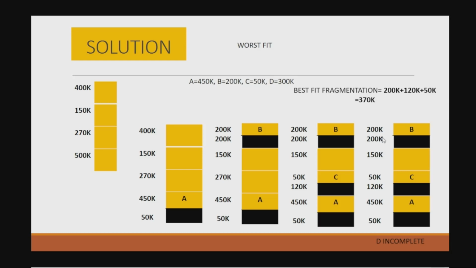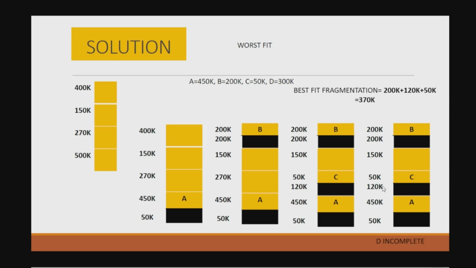So 200 plus 220 is 220 plus here, it will be 470. Okay, 470. We need to add another 100 because of this mistake.